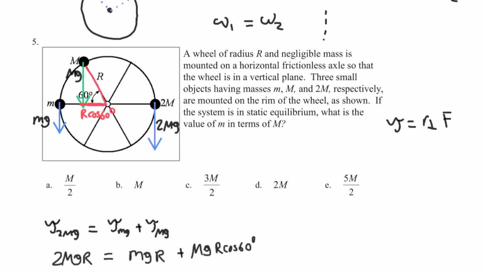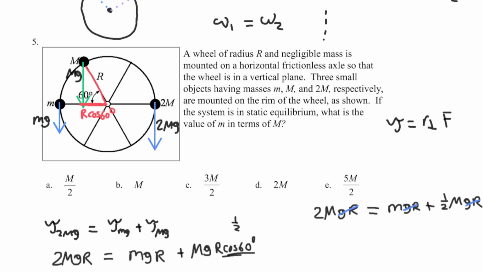So this just says that 2mgr is equal to little mgr plus big Mgr cosine 60, and cosine 60 is equal to 1/2. So this is just going to be 1/2 big Mgr. Notice that the g's and the r's actually cancel.